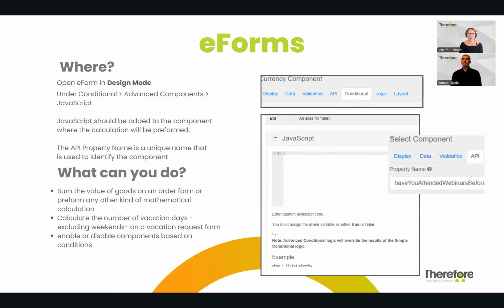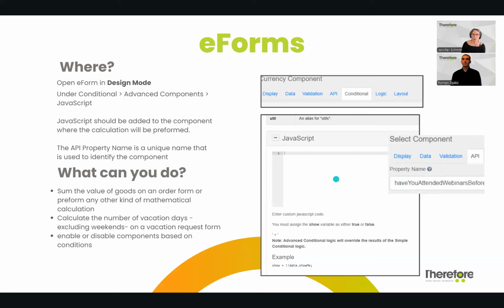Most of you should be familiar with that as well because it's used in adding conditions. This property name that you see here is how we reference the component when we write a script. So in eForms, the script language that we use is always JavaScript.